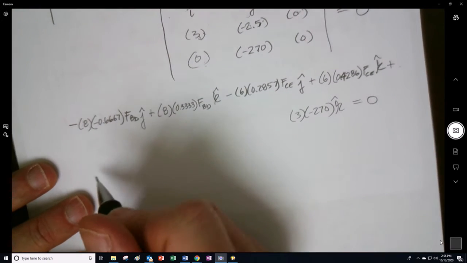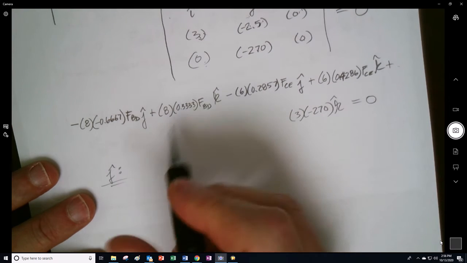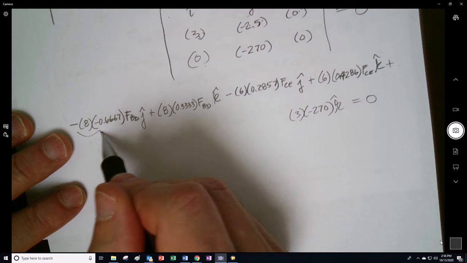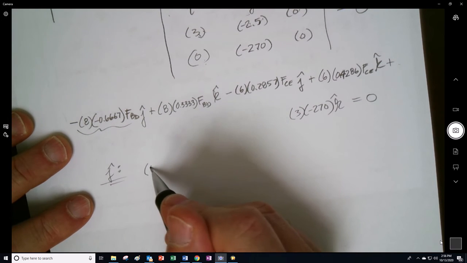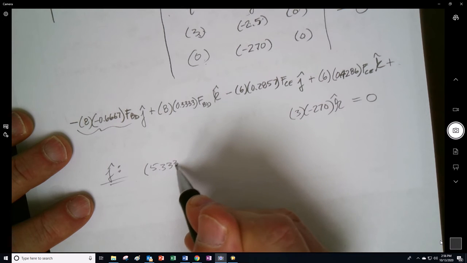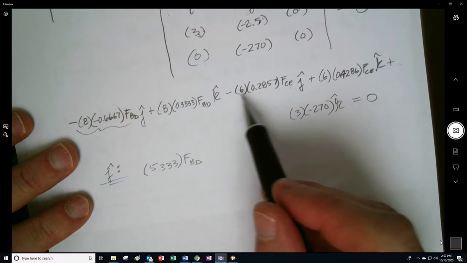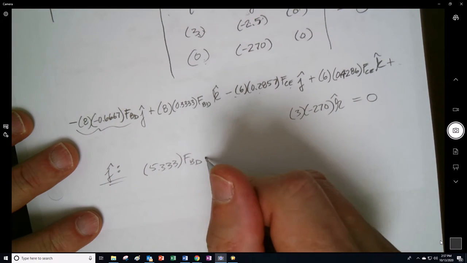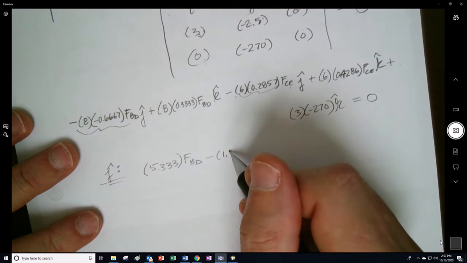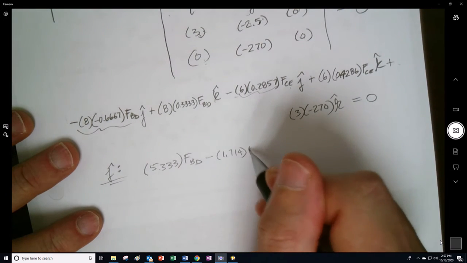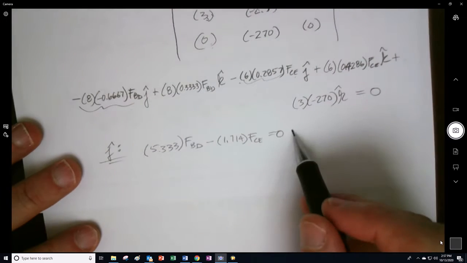So getting the J's together. I'm just going to say what is J right here. If we get those together, we have the negative and negative, so it's 5.333 FBD, right? This J over here, now this guy is negative, so when you multiply those, it turns out to be 1.714 FCE equal to 0. So there's one equation.